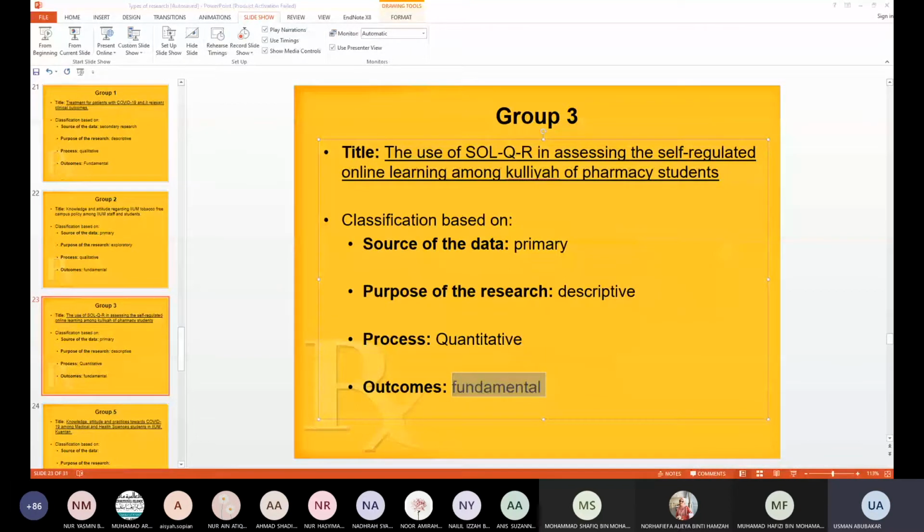Yes, doctor. Okay, do you have the title or are you still working on it? Oh, yes, we have a title already. Okay, what's the title? Public practice of medication storage and disposal among Malaysian population.